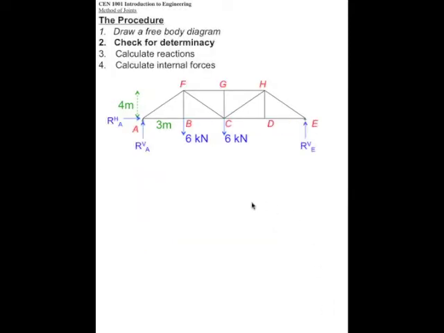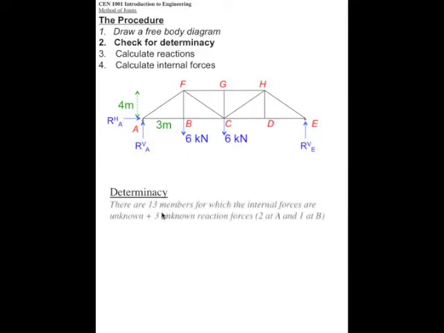So let's first check for determinacy. How many unknowns do we have? We have 1, 2, 3, 4, 5, 6, 7, 8, 9, 10, 11, 12, 13 members, and we have 3 reaction forces that are unknown. So that is 16 unknowns.